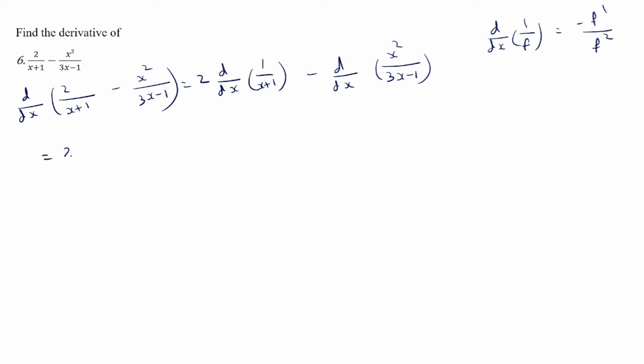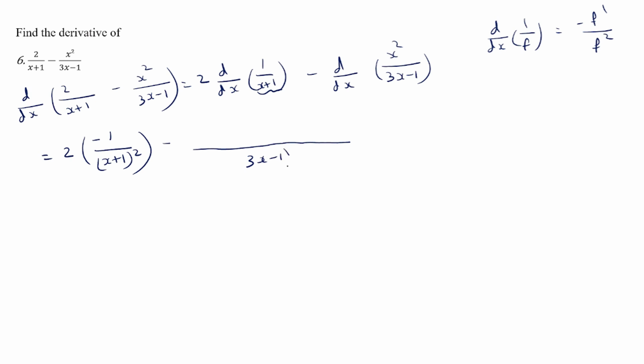So this is equal to 2 into minus derivative of x plus 1, derivative of x plus 1 is 1, upon f square, x plus 1 the whole square, minus derivative of, this is of the form f by g. So we have to use the quotient rule.